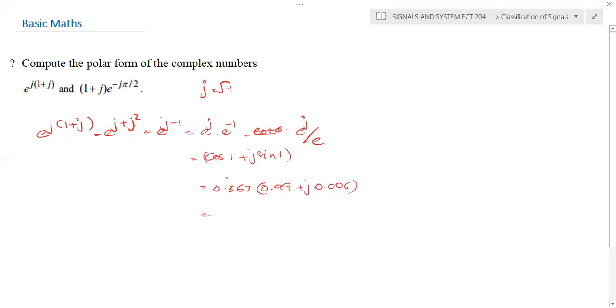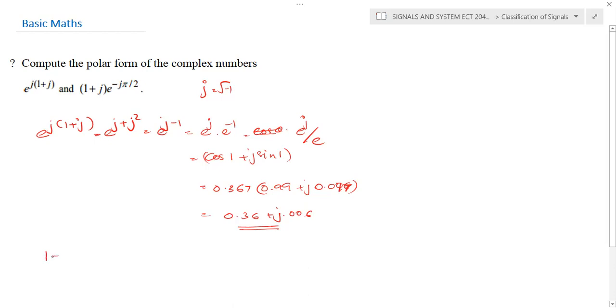I think there's a small mistake. Sorry, sine 1 is approximately 0.017. And after multiplication, this value will be almost similar to 0.366, etc. And the second term becomes j 0.006. Okay, finally you will get a complex number. So this is a simplified form.